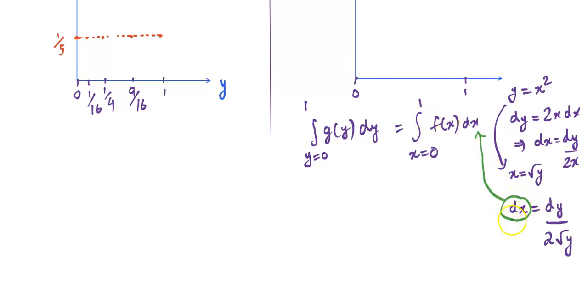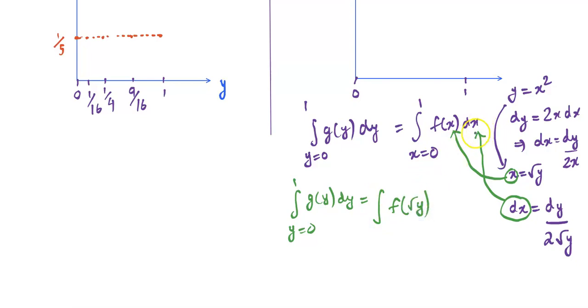Let's substitute the value of dx here in this integral and this value of x over here. So rewriting this equation, integral y varying from 0 to 1 of g of y dy equals f, x is the square root of y, dx is dy over 2 times the square root of y.